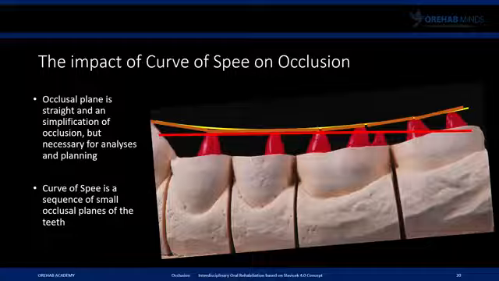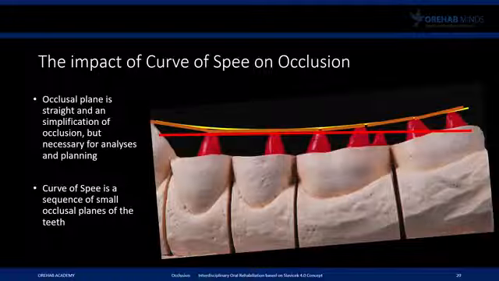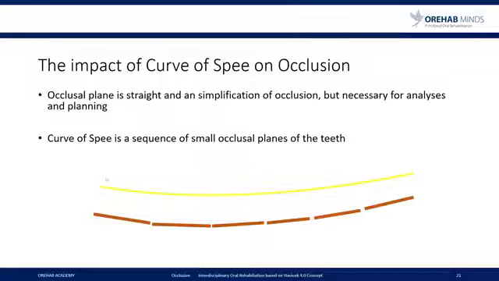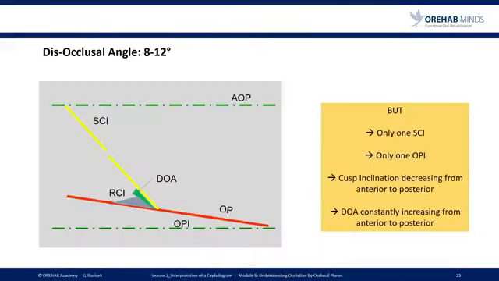So from a curve to particular segments in occlusion. And now back to the disocclusal angle concept.